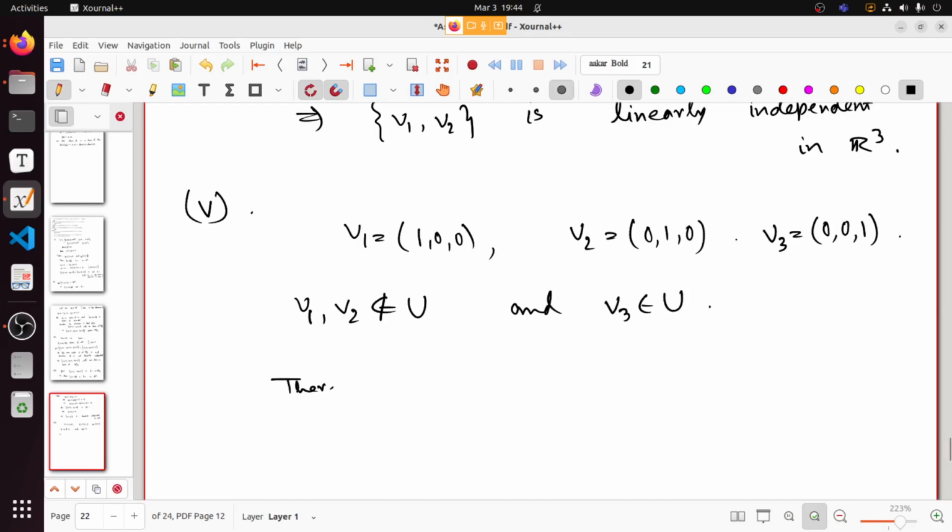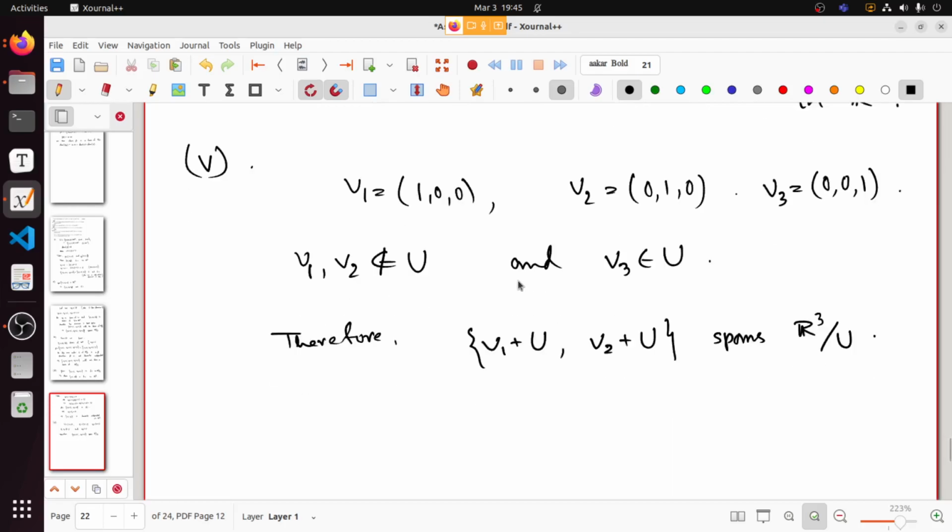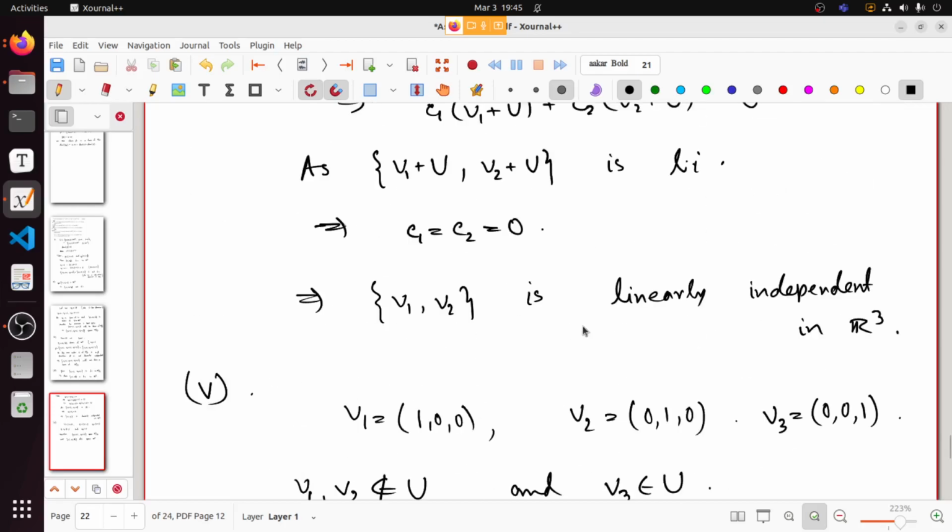So therefore V1 plus U and V2 plus U span R3 mod U, and V1, V2, V3 also spans R3. So we have got an example where V1 plus U and V2 plus U span R3 mod U, and also V1, V2, V3 spans R3. So therefore the option number 5 is incorrect.